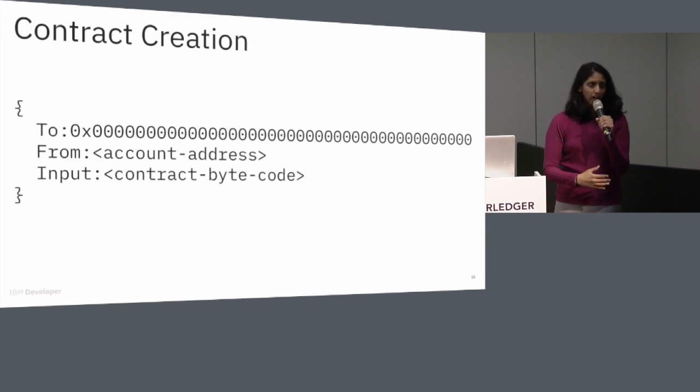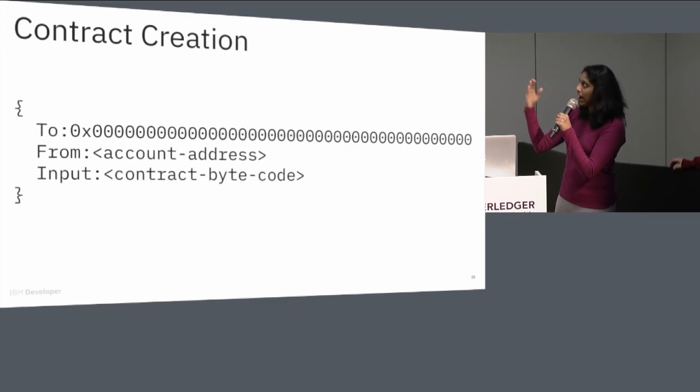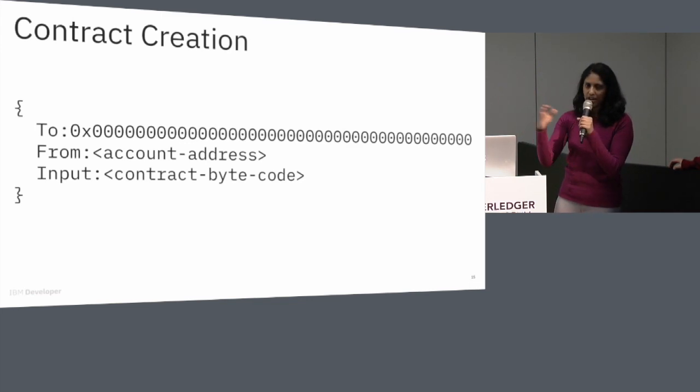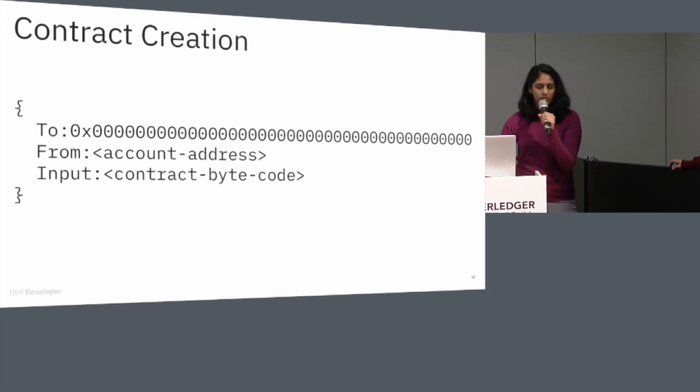That's the compiled Solidity or Viper code, whatever you're trying to deploy. Then it will run it once, which will generate a runtime bytecode, and then it stores it under a contract account address. You can find that out later, and we'll show you how. But this is what a contract creation transaction looks like.